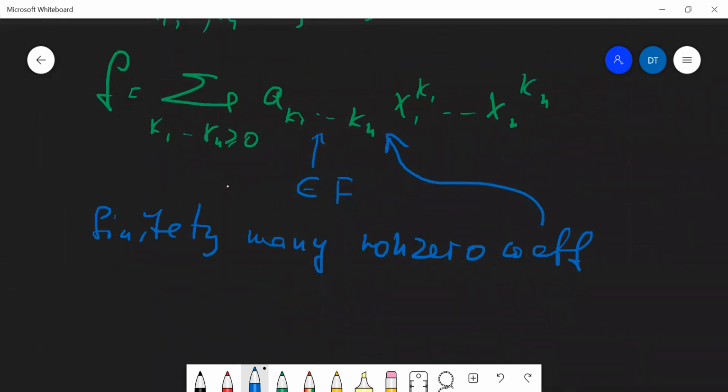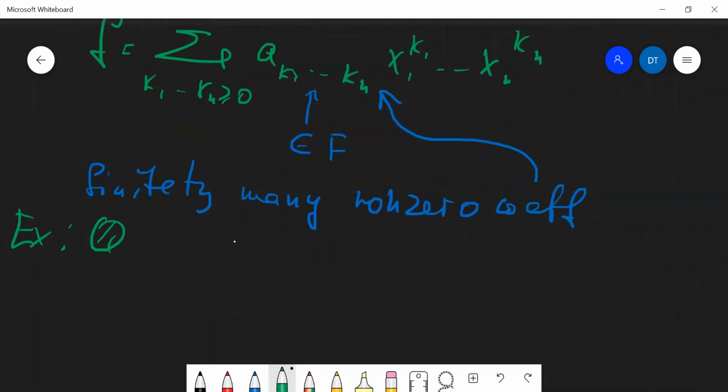For example, we fix Q, the rational numbers, as the field, and then I can generate something like this: 1/2 x1 cubed x4 plus 3 x2 minus 7 x5 to the 8th, something like this. So this is a polynomial in variables x1, x2, x3, x4, x5.